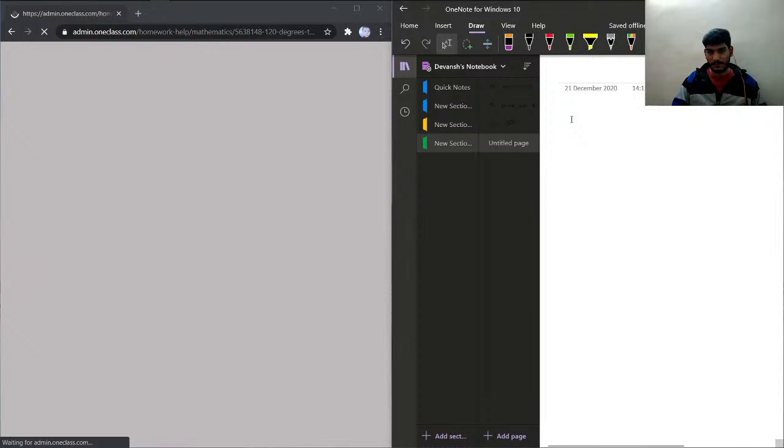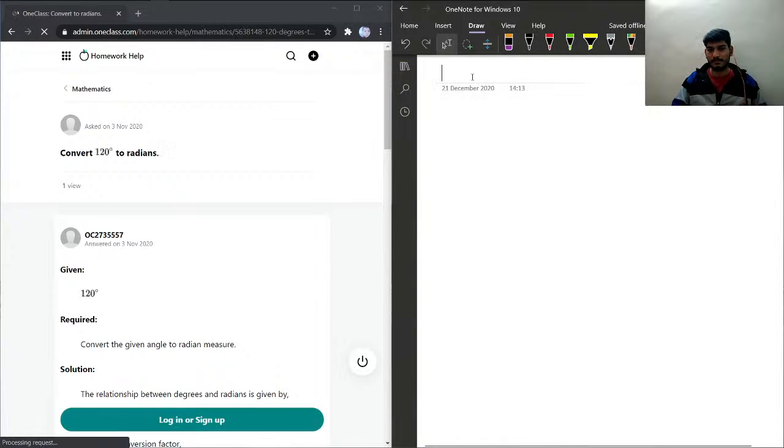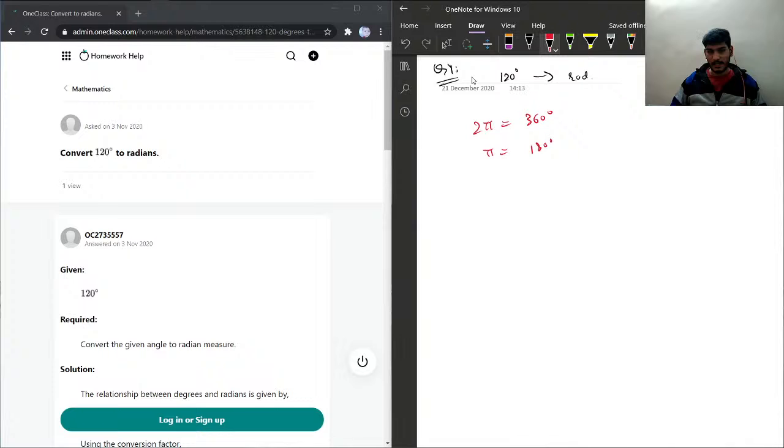We have question number 4. We need to convert 120 degrees to radians. For the conversion, we know that 2 pi is 360 degrees, or pi is 180 degrees.